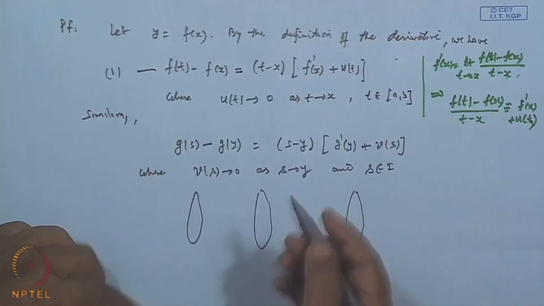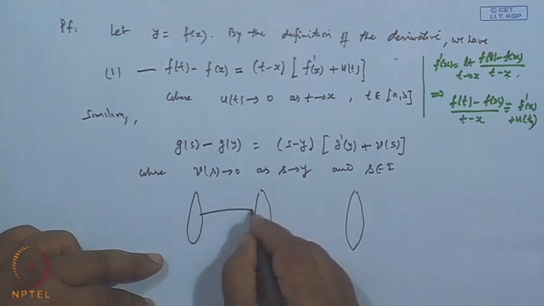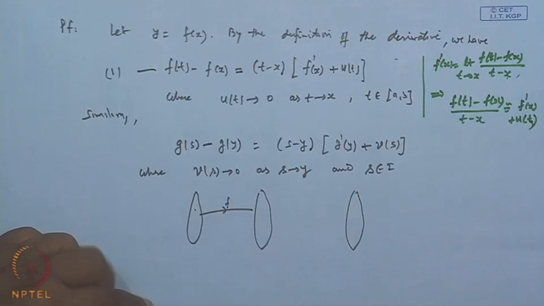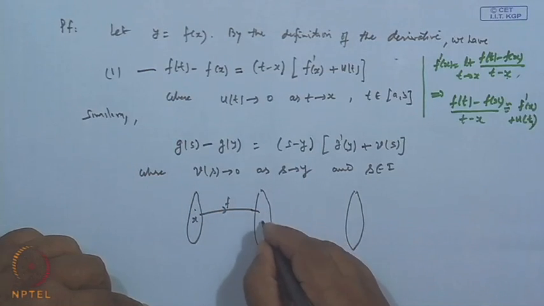So, the function f is defined over this domain, x is here, and we are getting f of x here.